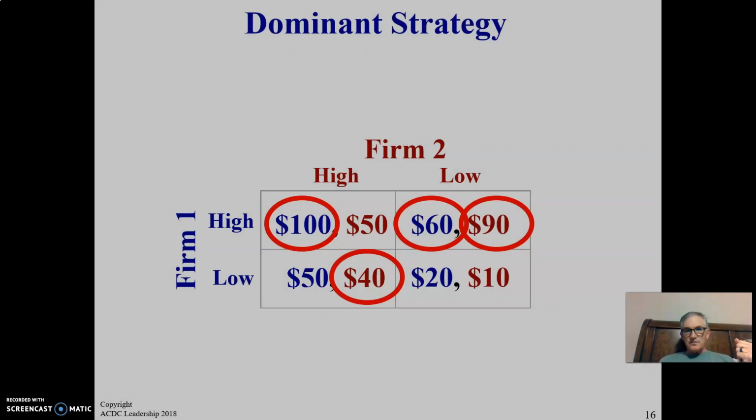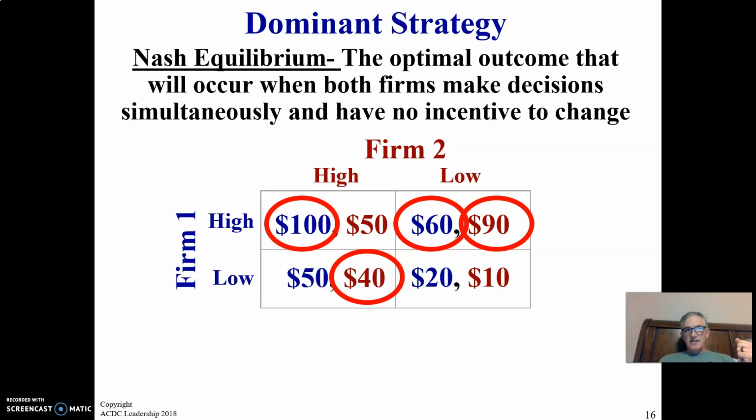That gives us Nash equilibrium. Nash equilibrium is the optimal outcome that will occur if both firms make decisions at the same time and have no incentive to change. Now, that's kind of the fancy econ way of talking through that.